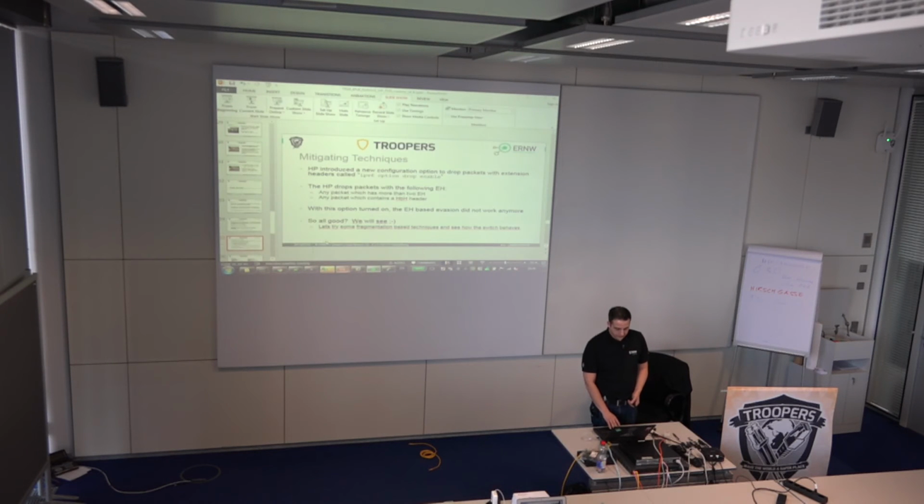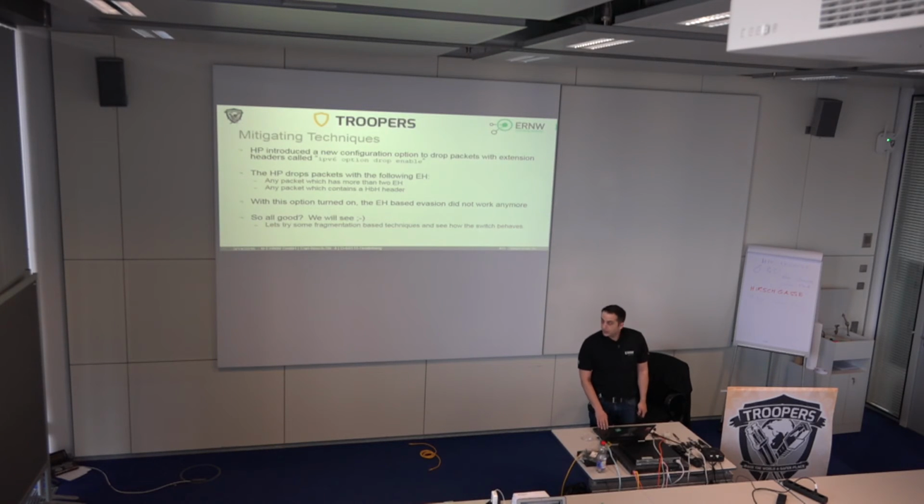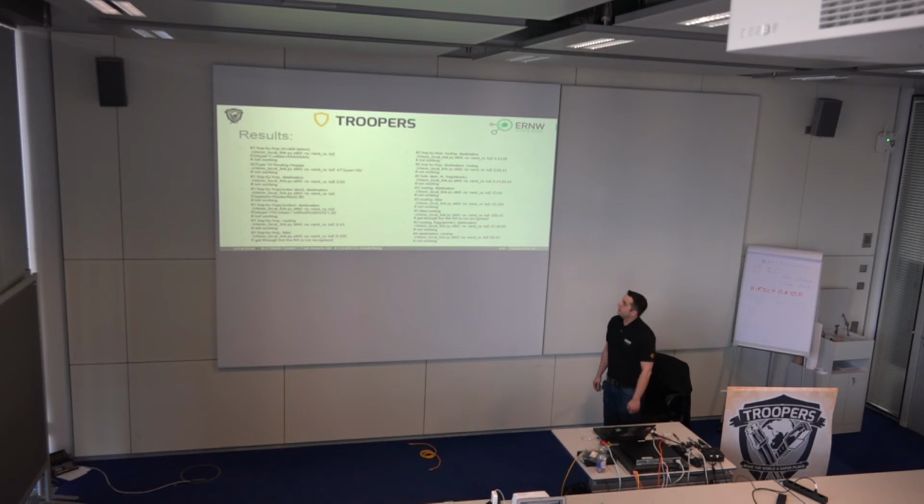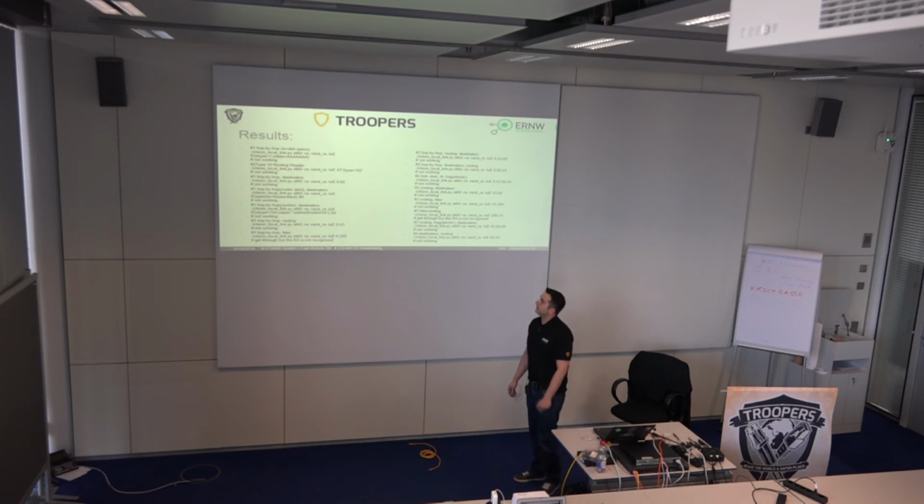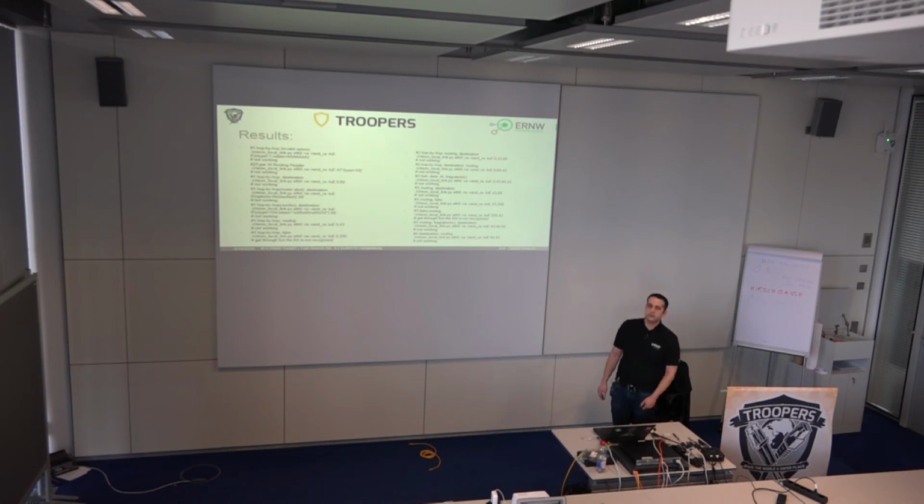Is there any possibility to circumvent this feature? And we really tried a lot of things. I know that's pretty hard to read. These are all the tests we have done in regards to various combinations of extension headers and various fragmentation-based packets. But as you can see, we are not done yet.